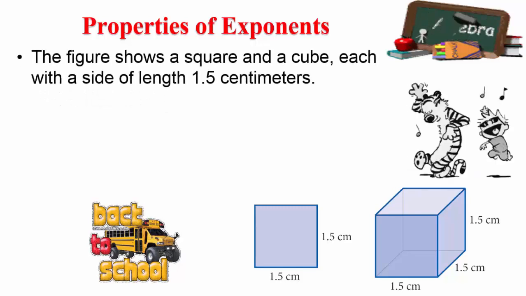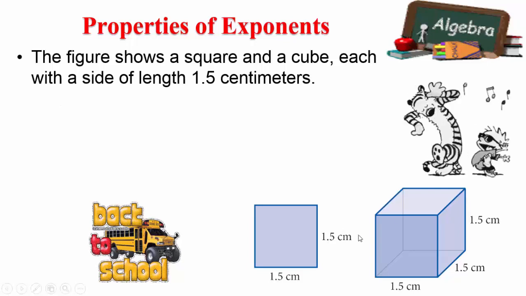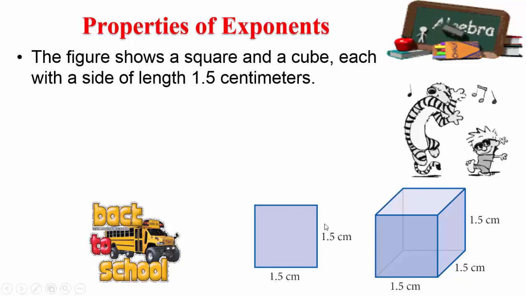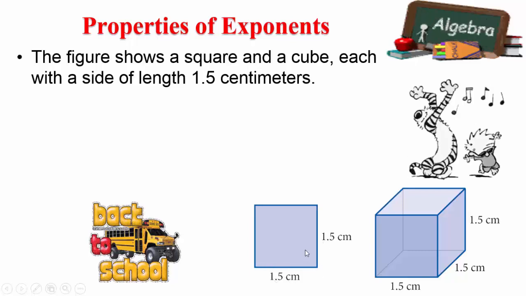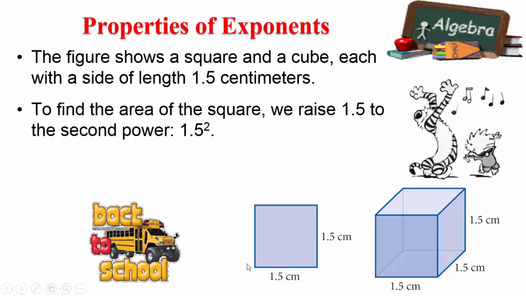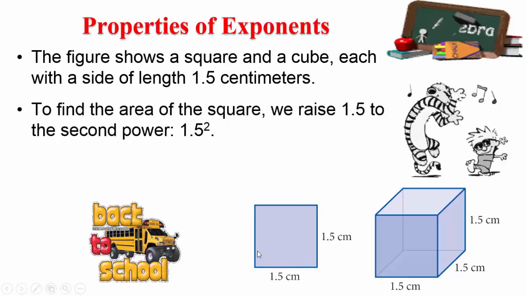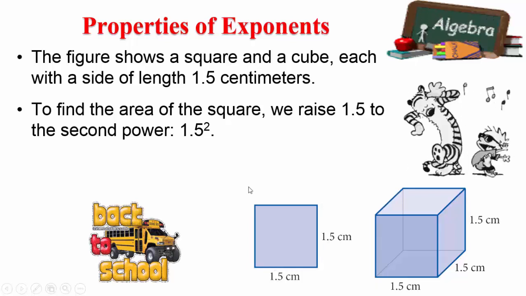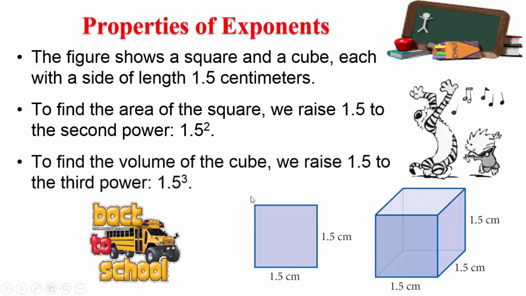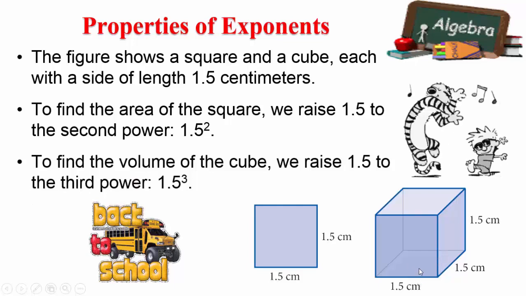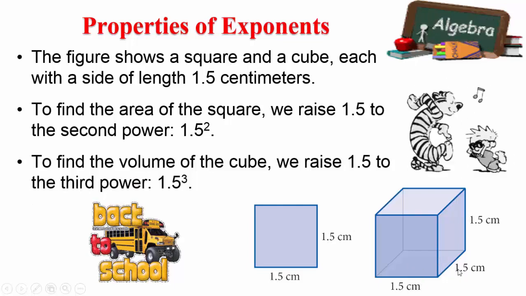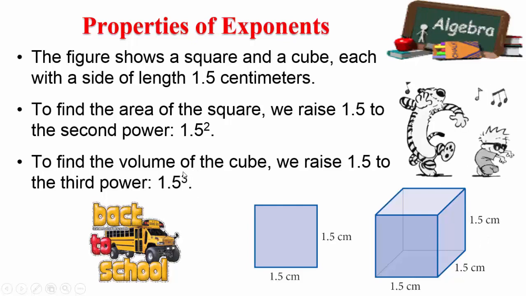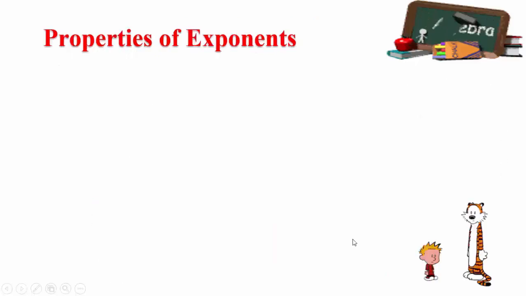The figure here shows a square and a cube. Each of these sides is 1.5 centimeters. The area of the square is 1.5 squared, which means it's to the second power. The volume of the cube is 1.5 times 1.5 times 1.5, which means it's to the third power, or cubed.